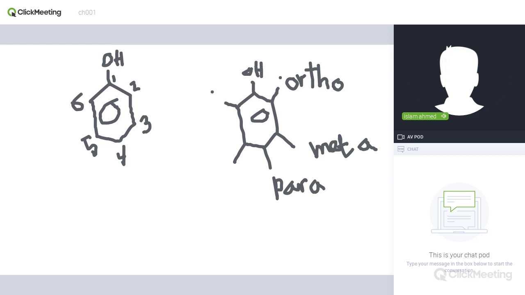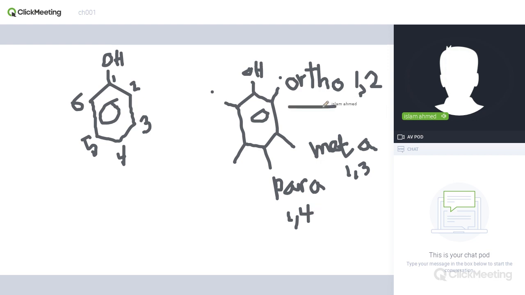That's it. Also, if it is 1 and 2 substitution, as you can see here, it is ortho. If it is 1, 3, it is meta. If it is 1, 4, it is a para substitution.